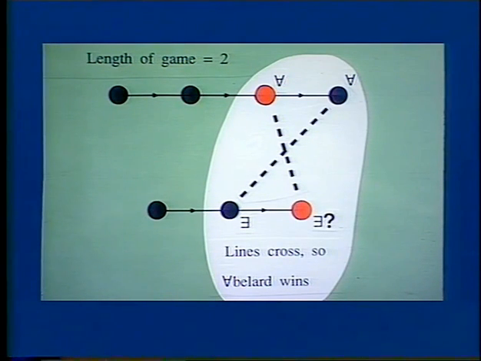One thing she can do is to choose the red bead downstairs. Now, the colours match. Eloise has matched black against black and red against red, but she's got the order wrong. As you see, the lines joining red to red and black to black cross. The red is to the left of the black upstairs, but it's to the right of the black downstairs. And so the chosen features don't match. And that means that Eloise has lost this play.